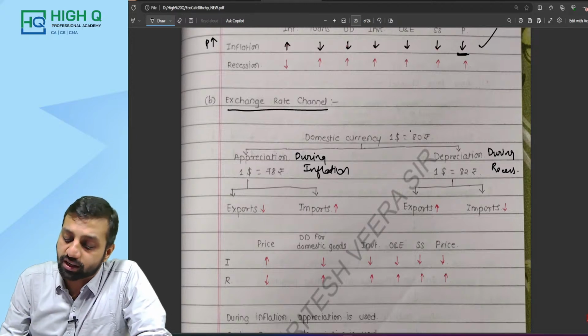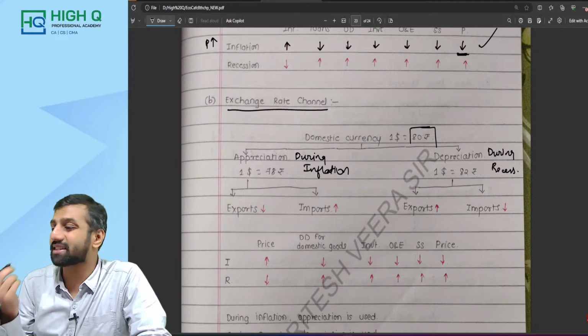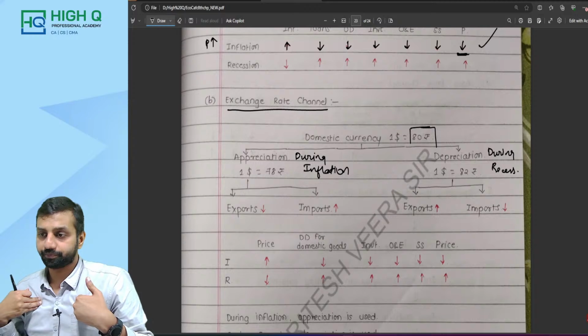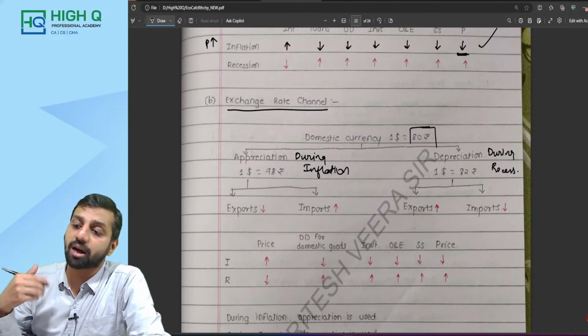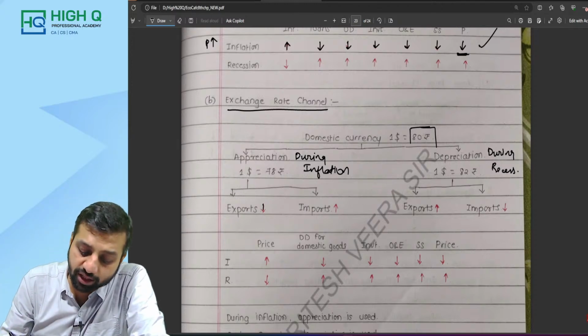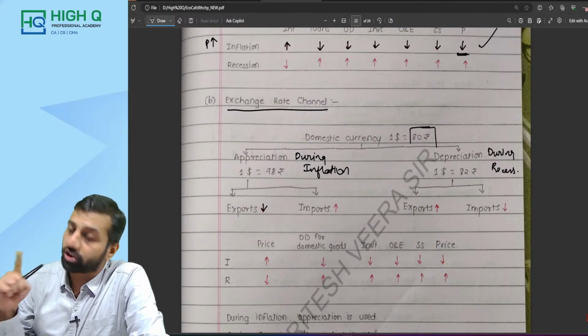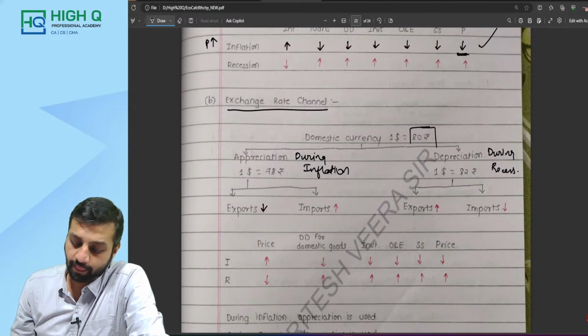So if $1 is equal to rupees 80 and that $1 becomes 78, our currency has appreciated. So if our currency gets appreciated, we will reduce our exports, because now you are getting 2 rupees lesser. Earlier you were getting 80, now you are getting only 78.